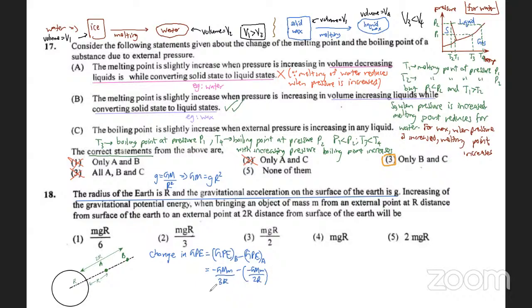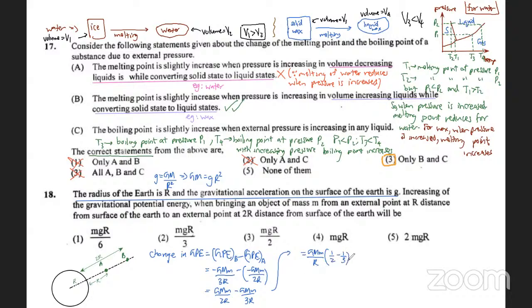So this is how it has to work. And I'm getting this minus and minus will get multiplied, so becomes plus GMm over 2r minus GMm over 3r. So if I continue it here, GMm over r can be taken out. Inside the bracket I have 1 over 2 minus 1 over 3.